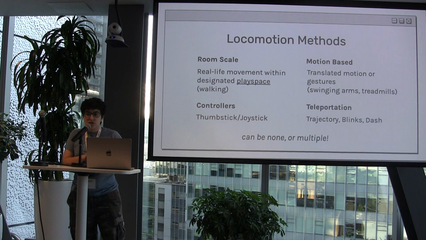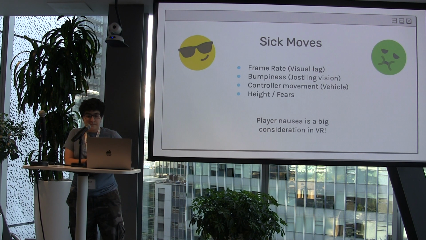Motion based, where you make gestures, like maybe moving your arms up and down to climb something. Controllers, like thumbsticks and joysticks, to move around. And then teleportation, where you point somewhere and click a trigger usually, and then it will just pop you in. And you can also have none of these, a different method, or multiple combined.